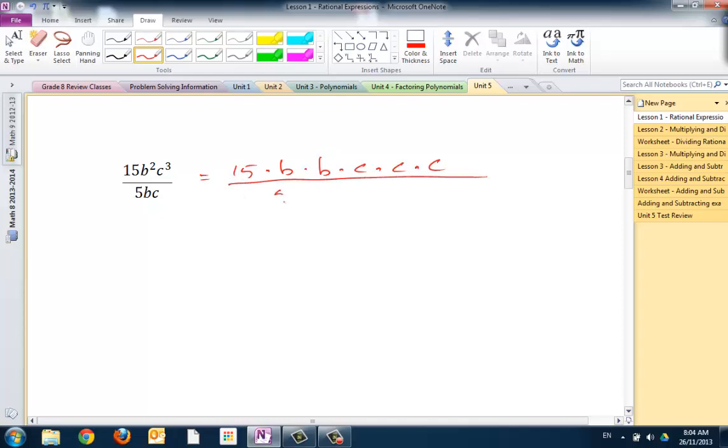And I'm going to do something similar in the denominator. And when I have it all written out like that, sometimes that makes it easier to see that I can cancel off a b with a b and a c with a c, and that 5 will go into the 15 and leave me with 3. And the end result is that I have 3bc squared all over 1. That's all that I have left in the denominator. So I have 3bc squared.